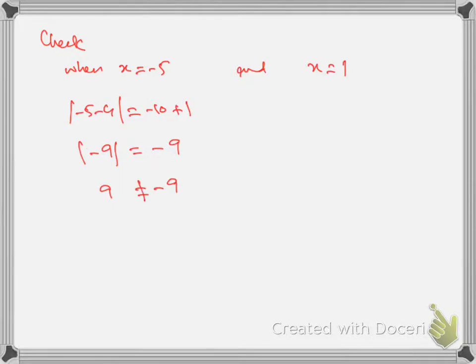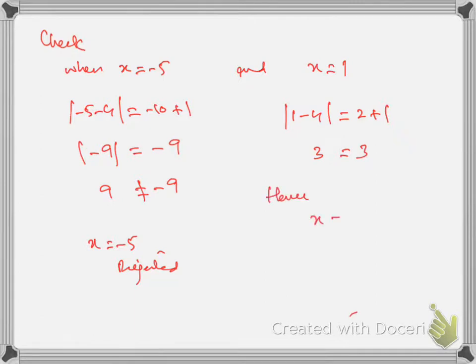Therefore x equals negative 5 will be rejected. Hence the answer must be x equals 1, but let us check this answer for formality. With x equal to 1, the equation would be satisfied, like this, 3 equals 3, and x equal to 1 would be the right answer.